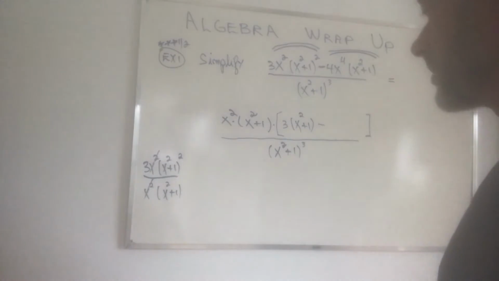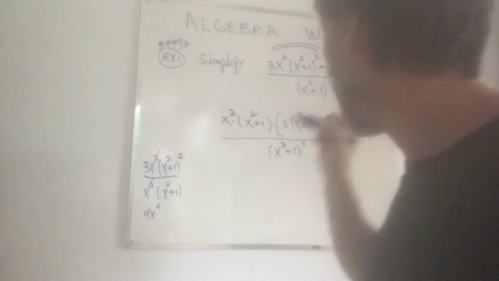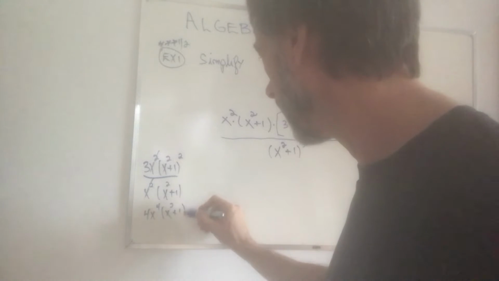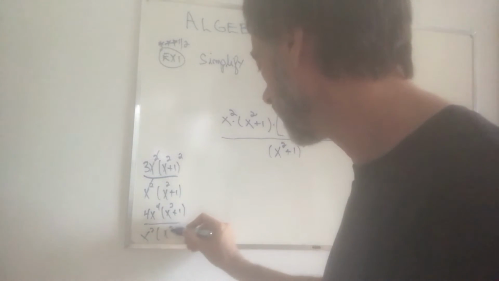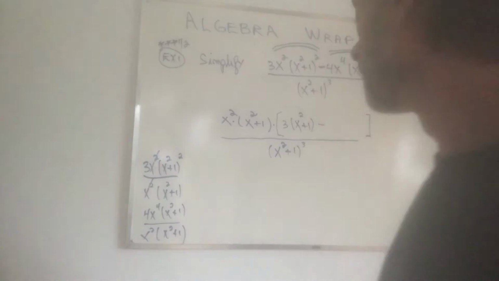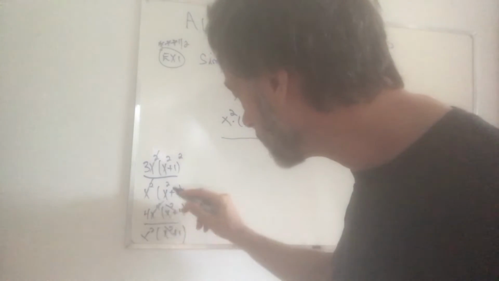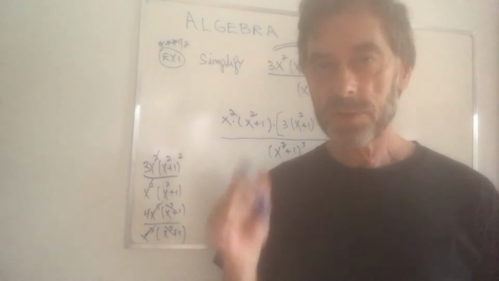Now what goes in there? It's all about the second term. So this time we go 4x to the 4th times (x squared plus 1) divided by x squared times (x squared plus 1). So x squared plus 1 once again cancels. x to the 4th over x squared: subtract the exponents, 4 minus 2, that's a 2.